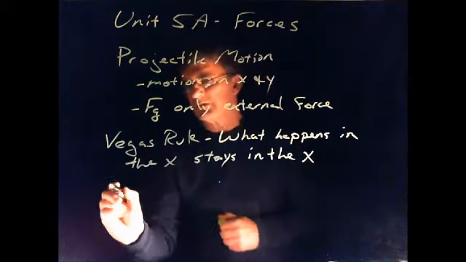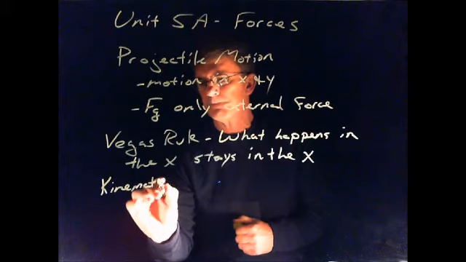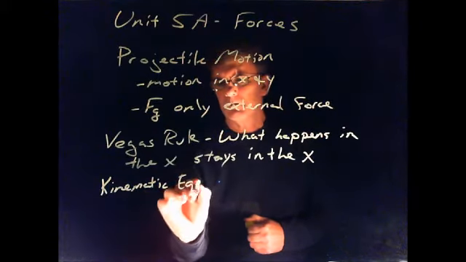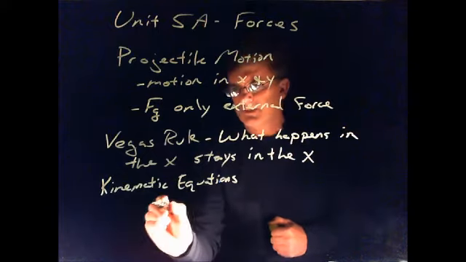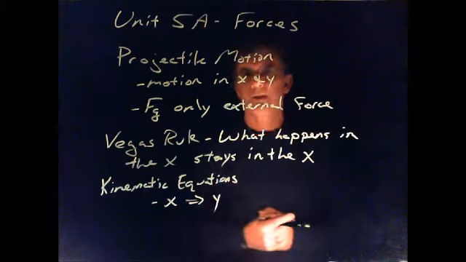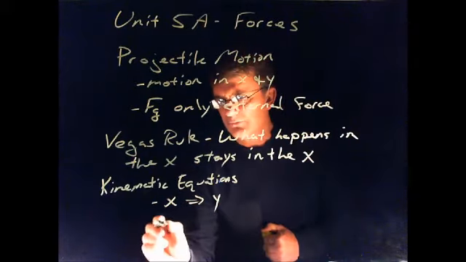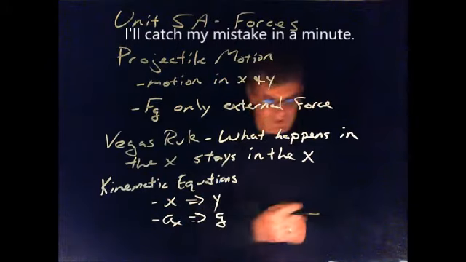When we do projectile motion problems, we use the kinematic equations. They're great. We can simplify them down. So instead of x, we plug in y. For the acceleration, I plug in g.